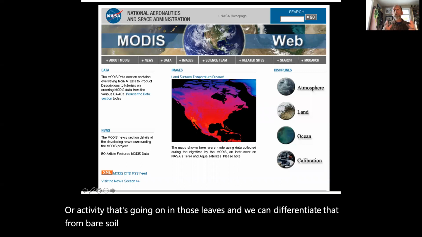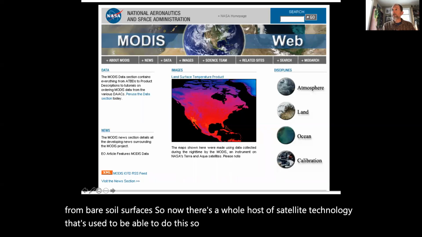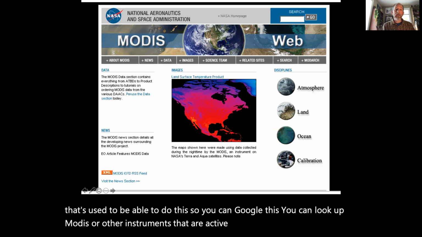So now there's a whole host of satellite technology that's used to be able to do this. You can Google this, you can look up MODIS or other instruments that are active on satellites right now.